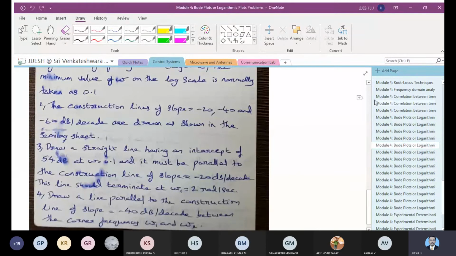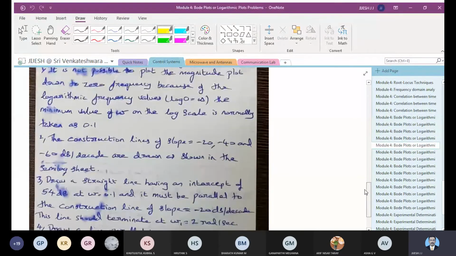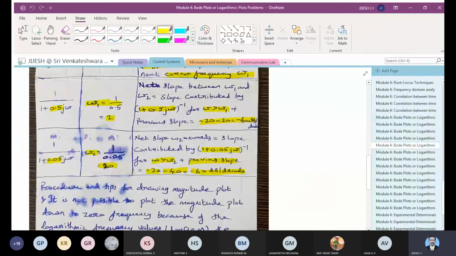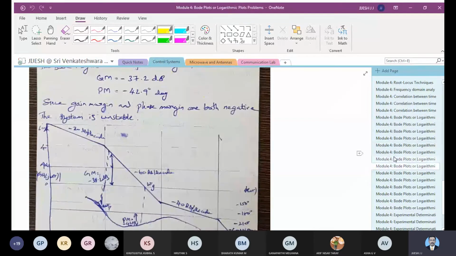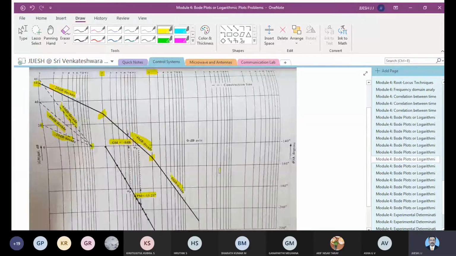You have minus 60 dB as the slope, and you draw it from omega 2, which is 20. So you get a minus 60 dB slope starting from this point, and it will extend further.